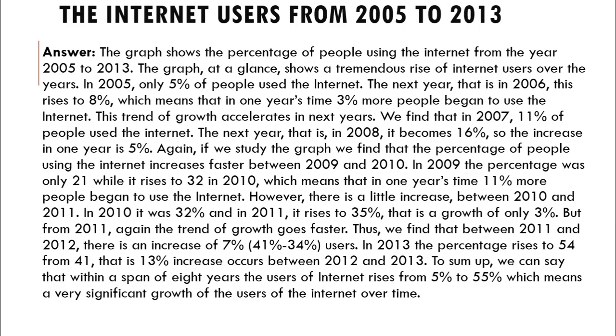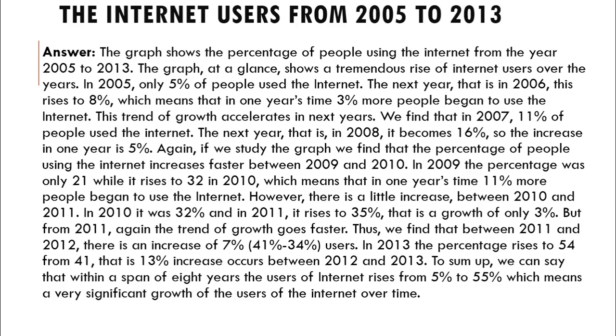This trend of growth accelerates the next years. We find that in 2007, 11% of the people used the internet. The next year, this is in 2008, it becomes 16%, so the increase in the year is 5%.